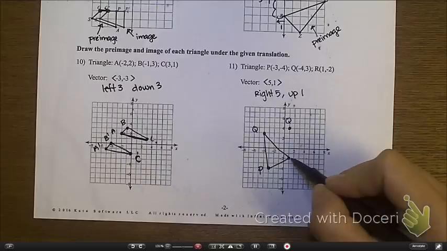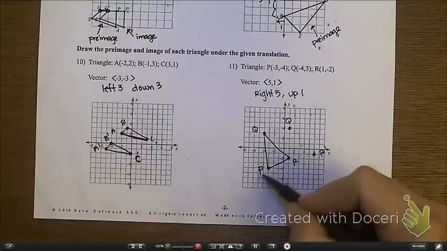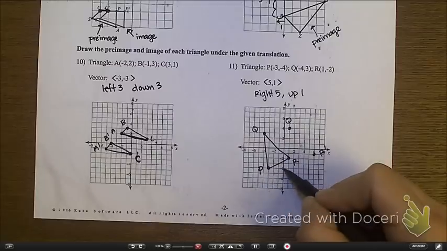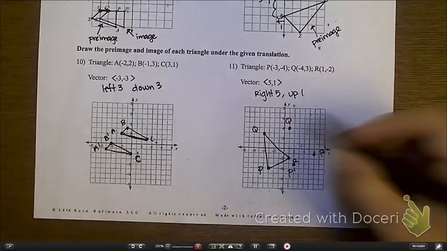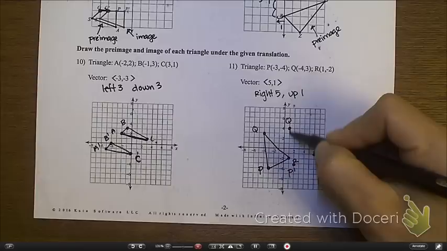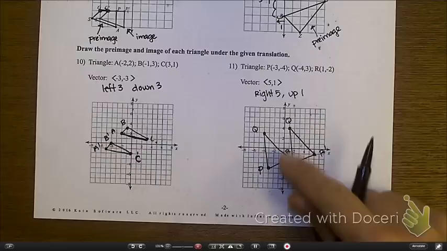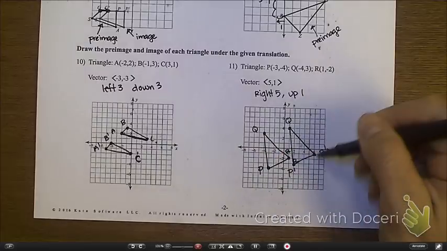That is R prime. And last, right 1, 2, 3, 4, 5, up 1. That is P prime. So now I can go ahead and connect those points. Maybe I should move the original R letter over here so you guys can see that's where it belongs. Okay, so this is what your image should look like.